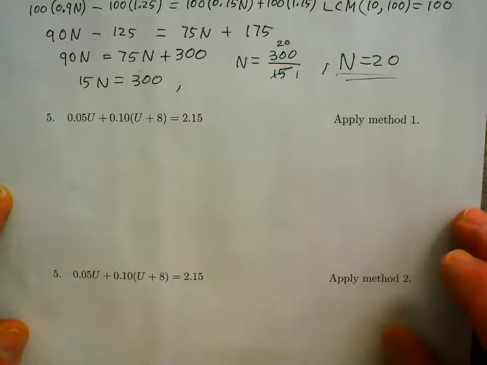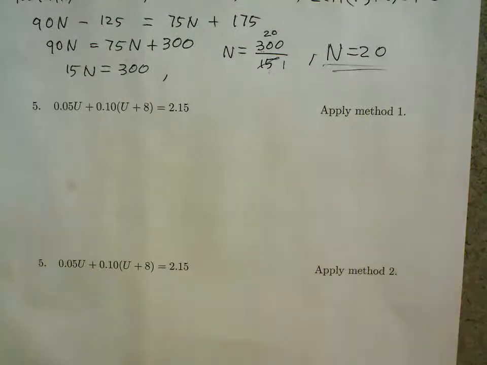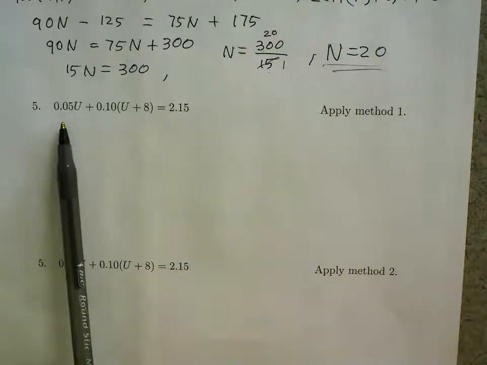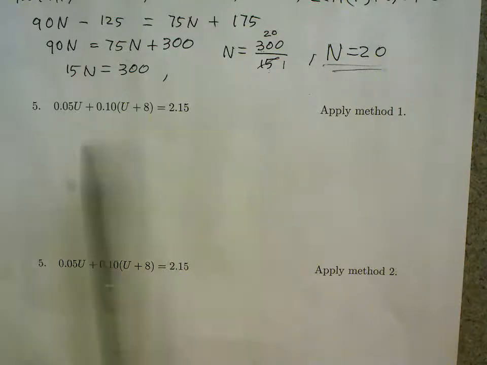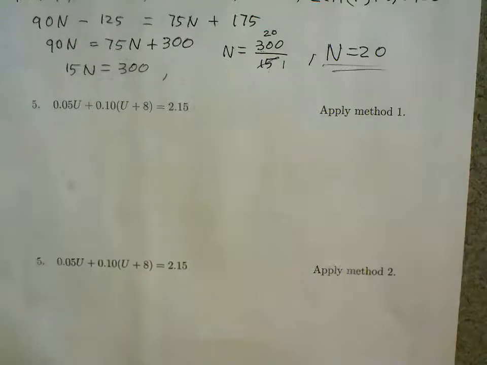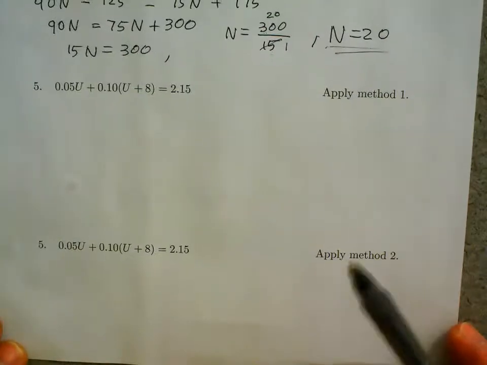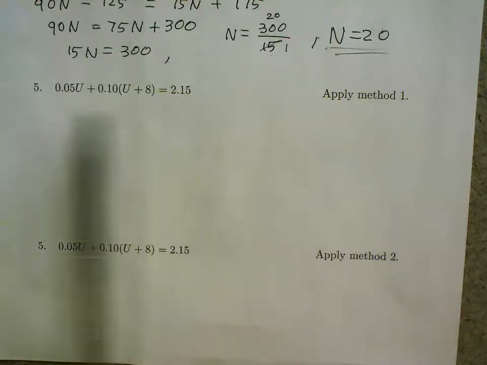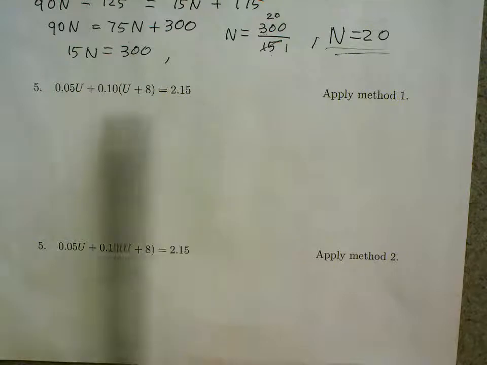Okay, the next one we'll use the first method. So in other words, we won't multiply both sides by the least common denominator. In general, you can use any method that you want, but we're going to practice method 1. But in passing, the least common denominator is 100 in this case.